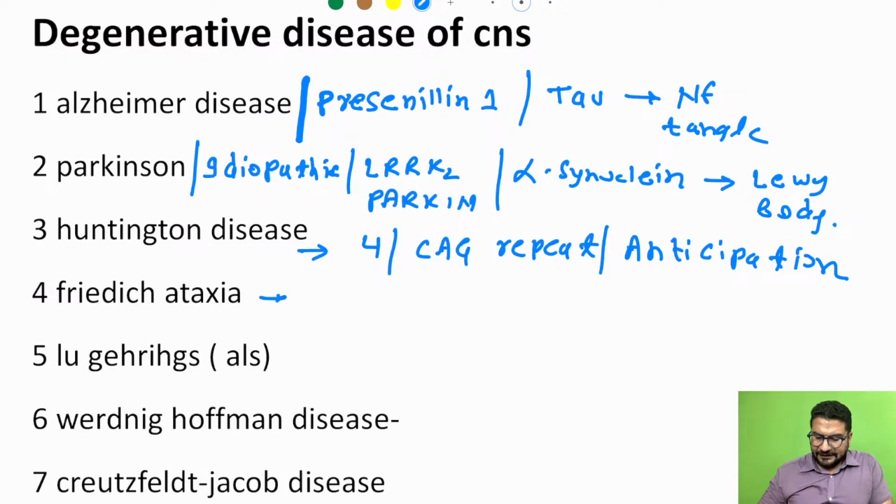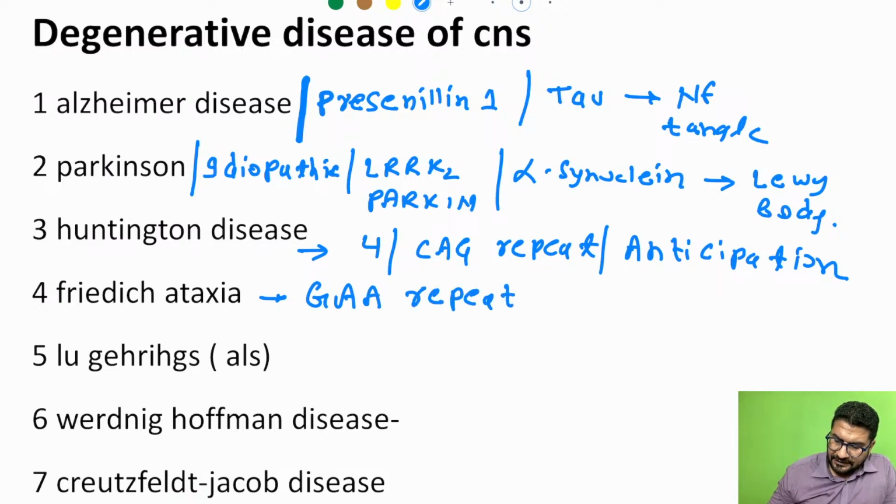Then we have Friedreich's ataxia. Here you will see GAA repeat. Lou Gehrig disease is also called ALS, amyotrophic lateral sclerosis. Here you will see both upper motor neuron and lower motor neuron damage.